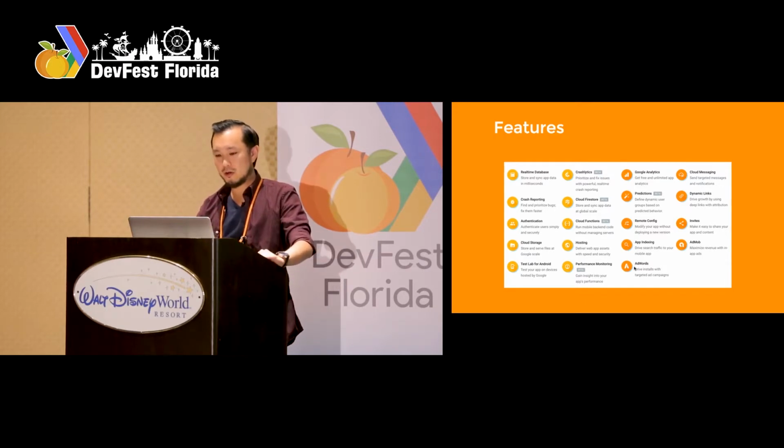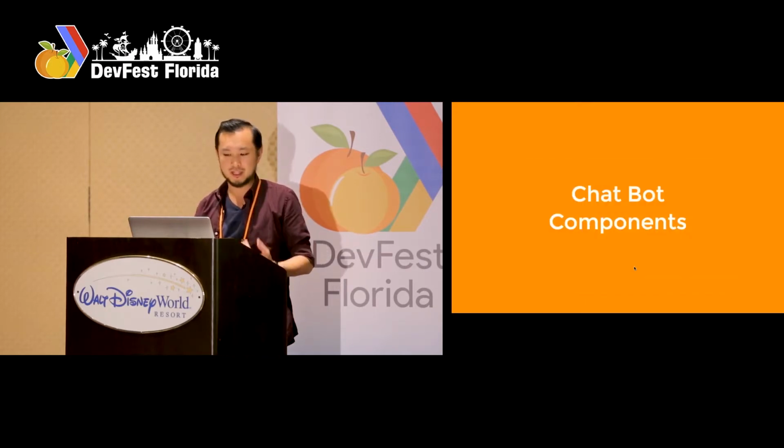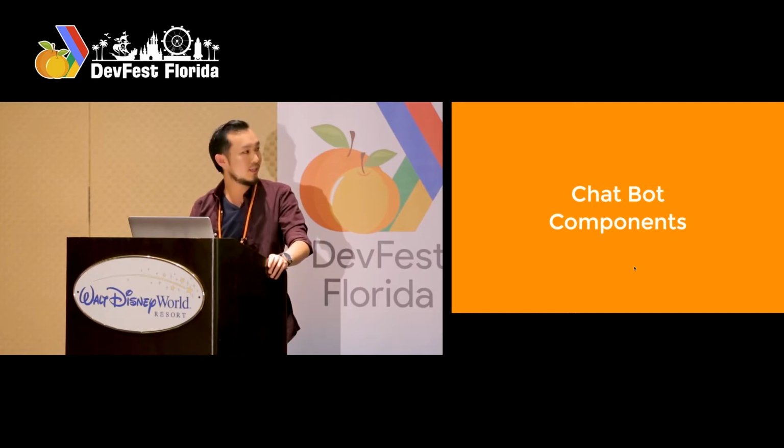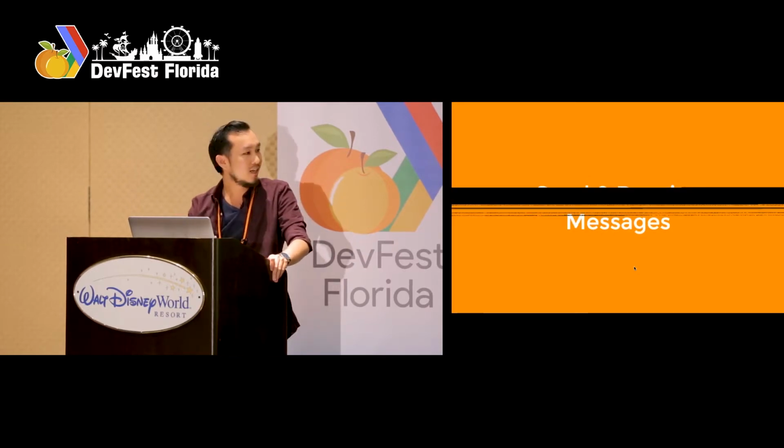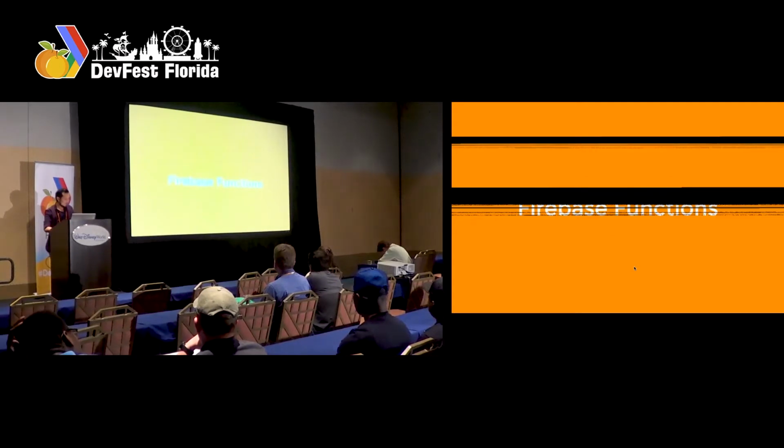So where does that come into building chatbots? Well, let's look at chatbot components. At the most basic level, chatbots send and receive messages, right? And the Firebase service that's going to help us out with that is Firebase Functions. To explain real quick, a function is basically a piece of work.